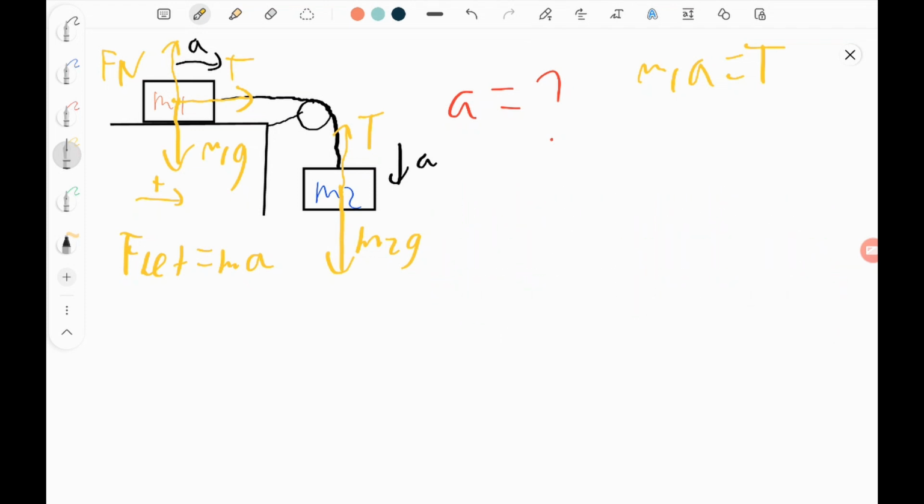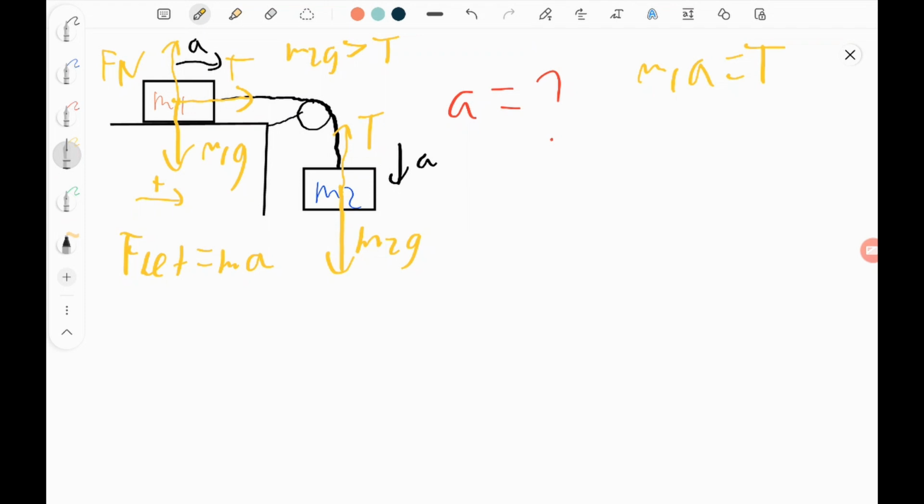Now, it's worth noting that the acceleration is in the downward direction. So that means that the magnitude of m2g must be greater than T, because the block is accelerating downward, so the gravity force on the block must be larger than T in order to have a downward acceleration.